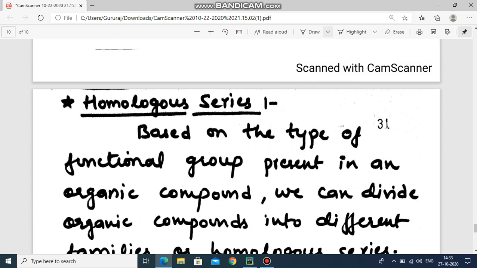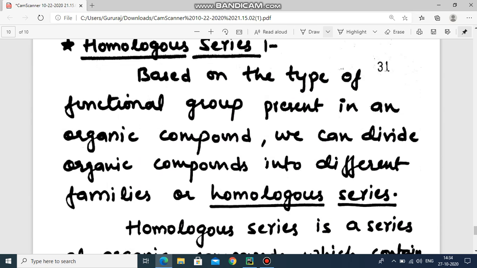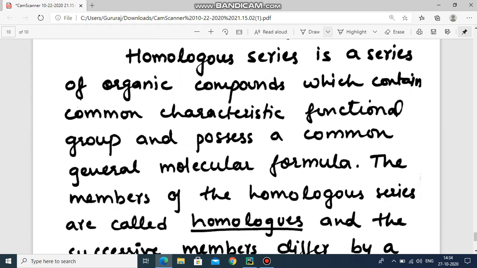Now based on the type of functional group present in an organic compound, we can divide organic compounds into different families, which is also called a homologous series. Let us see what a homologous series is. A homologous series is a series of organic compounds which contain a common characteristic functional group and possess a common general molecular formula.